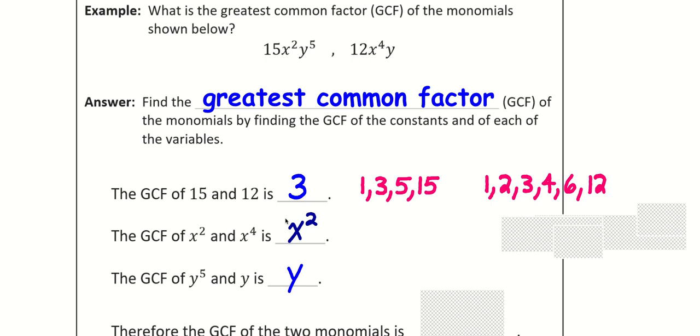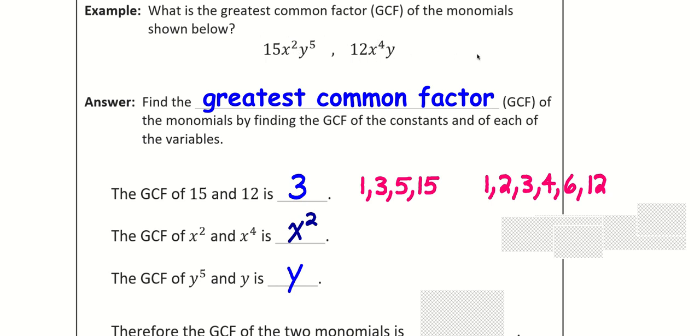And I would have to think that I mentioned in the previous video, the partner video, that all you really got to do with the variable stuff is just go with the smaller of the two or more, or three powers. If you're taking the GCF of only two monomials, it's the smallest exponent in both of them.